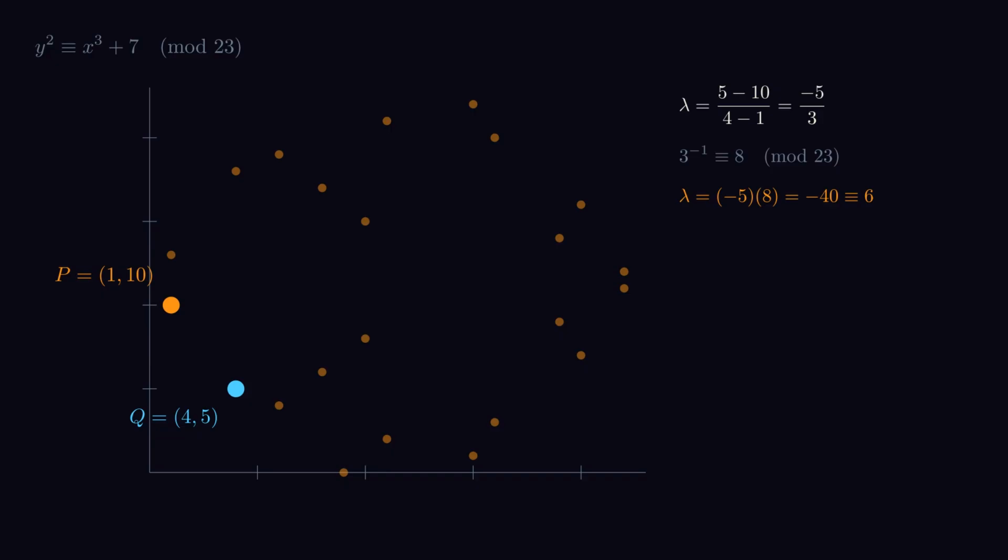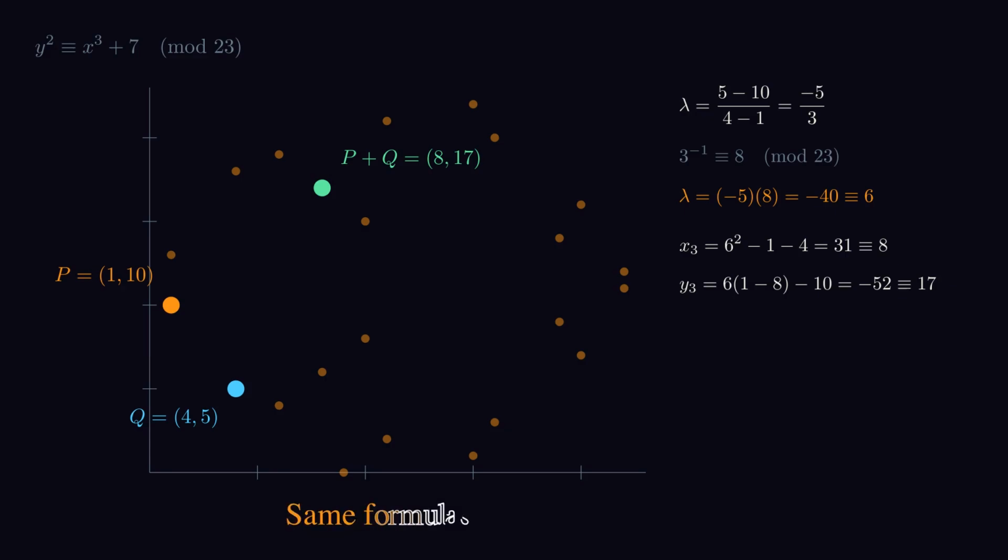So lambda equals -5 times 8, which is -40, congruent to 6 modulo 23. Now x3 equals 6 squared minus 1 minus 4, which is 31, congruent to 8 modulo 23. And y3 equals 6 times (1 minus 8) minus 10, which is -52, congruent to 17 modulo 23. The result is (8, 17).